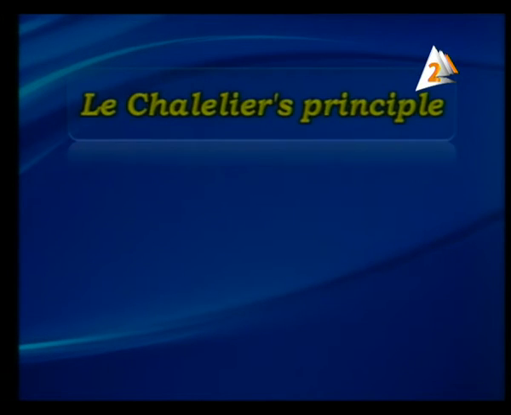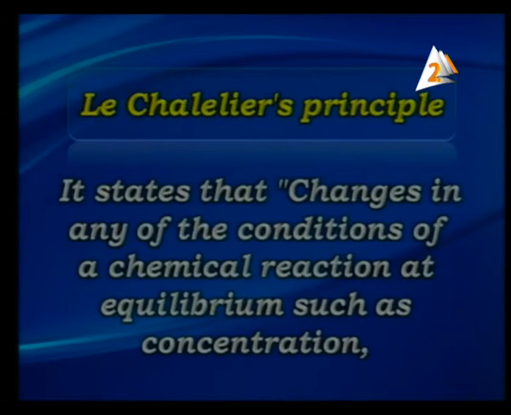My lovely, look at this. Le Chatelier's principle. What does it mean? It states that a change in any condition. Do you remember what the conditions are? Yes, we have three conditions here: the temperature, the pressure, and the concentration of the reactant. Good. All of them affect a chemical reaction at equilibrium.